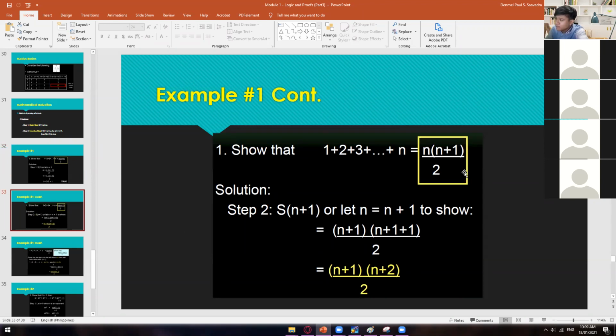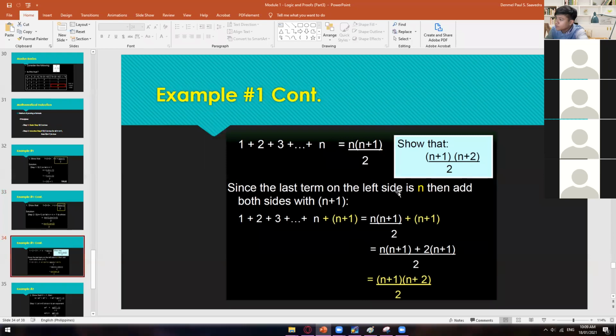You will only replace the n on the right side and come up with this kind of expression. Once you have come up with this one, you're going to prove that this one is equal with the original expression if you add n plus 1.